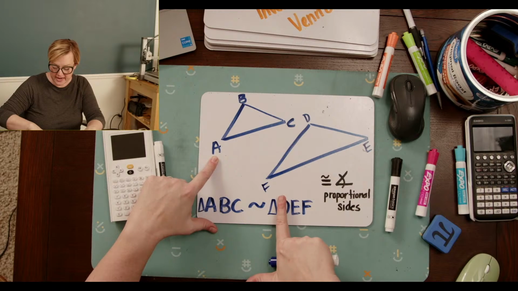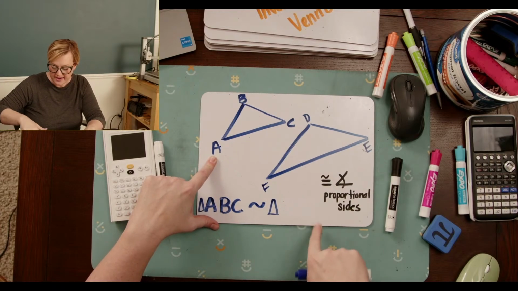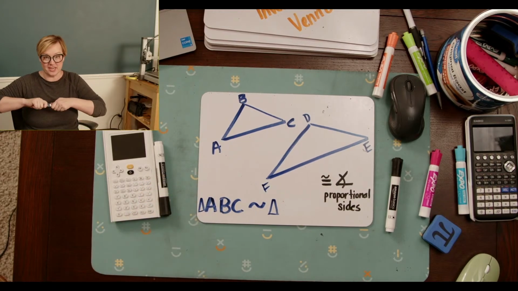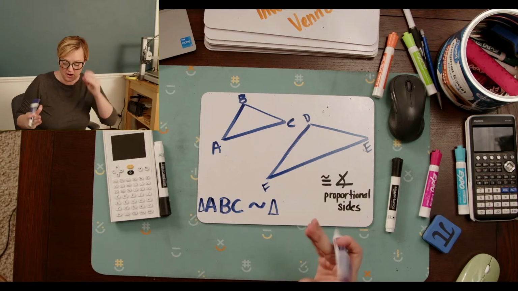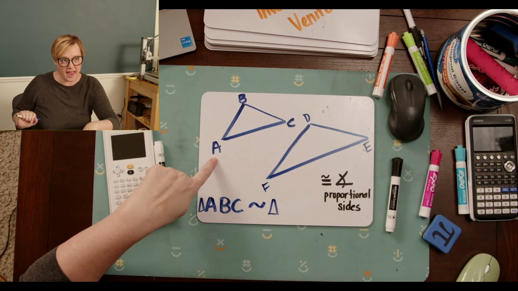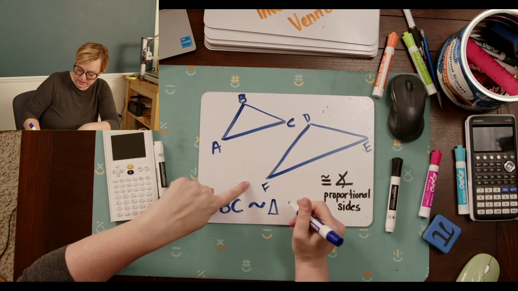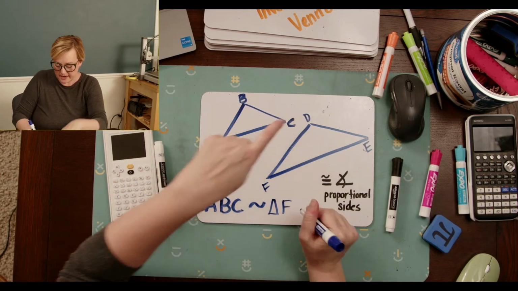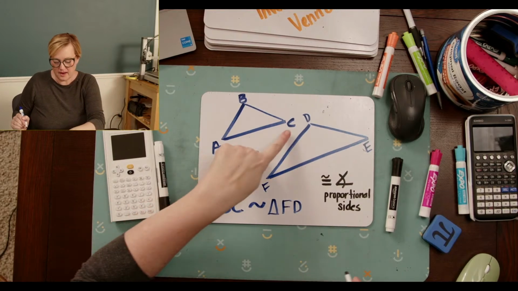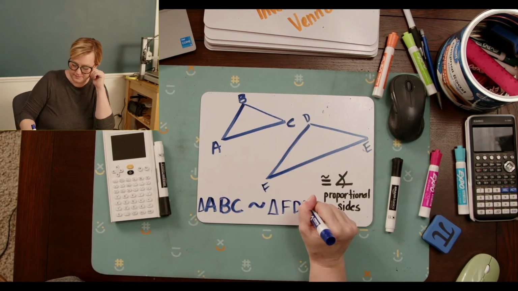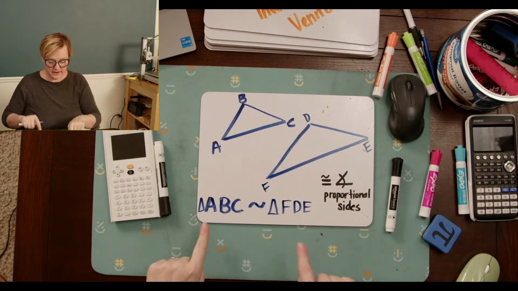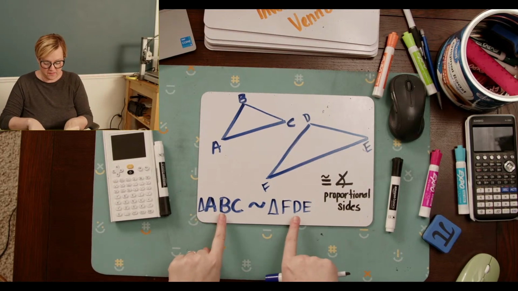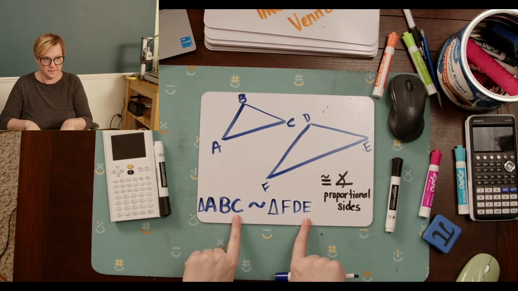So I actually need to change this, because the similarity statement is a lot more than just telling you which two triangles we're looking at. Angle A corresponds with angle F, so this would be F. Angle B and D, and angle C and E. So A matches up with F, B and D, C and E.